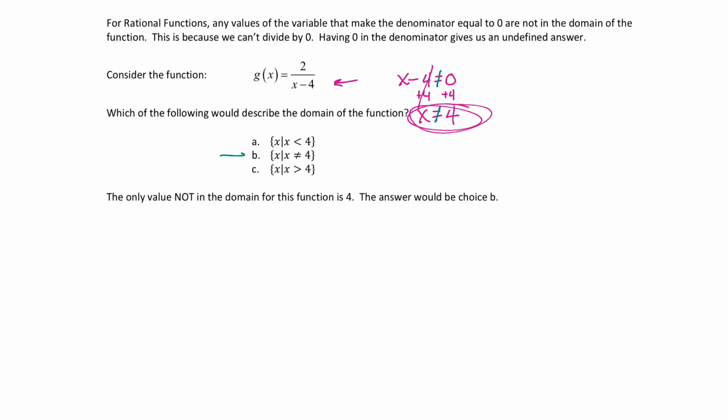Okay, so this answer right here means the set of all x's such that x doesn't equal 4. So you can have any x you want, all x's, as long as x doesn't equal 4. So it's everything but 4 is what it's saying. Okay, so yep, B is your answer.